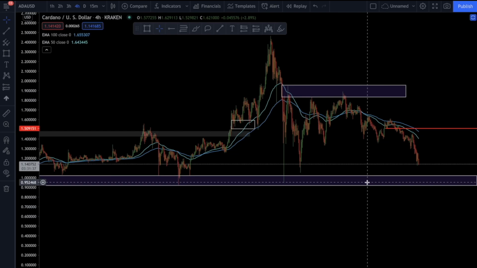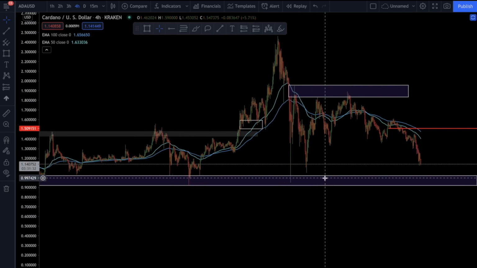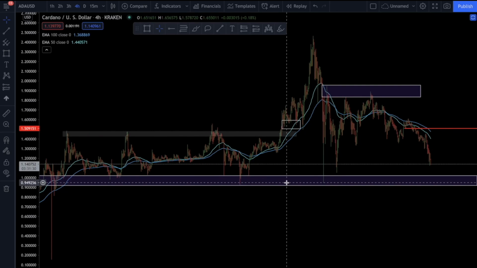Like in this case, this is a support. When we draw a zone over here, we are not stopped out by these price swings because we know that this whole area is a zone.